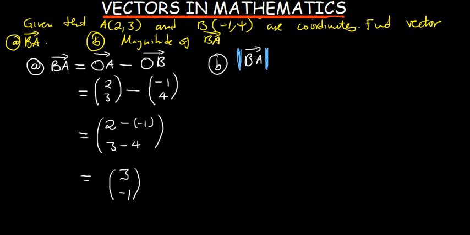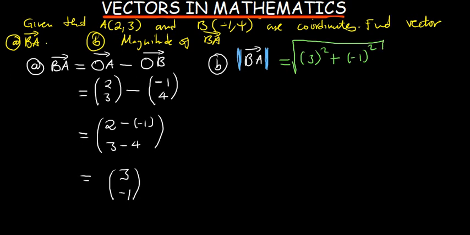To find the magnitude of BA, all you do is get the x value that you have found, which is a 3. You are going to square it, and then plus the y value that you have found, which is -1, and also square it, and then the answer that you get, you are now going to square root.